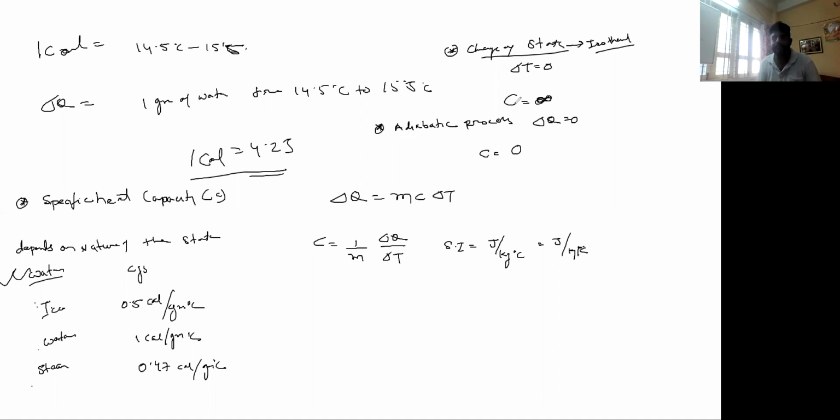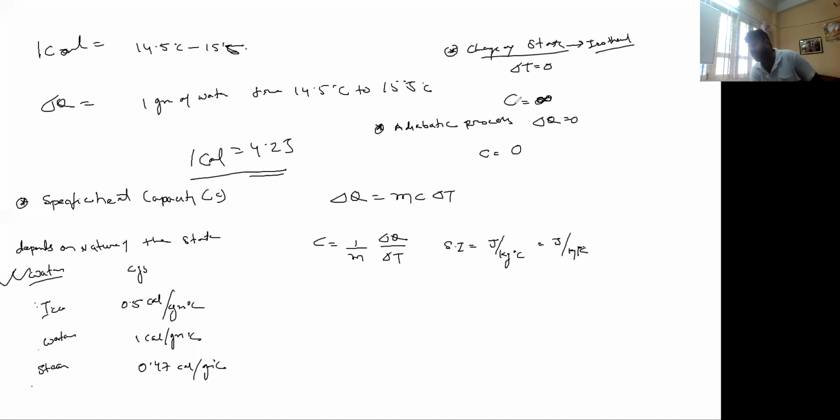Everyone, is it okay? Acha, specific heat capacity can also be negative. Negative specific heat means that for increasing the temperature, the heat absorbed is decreasing.